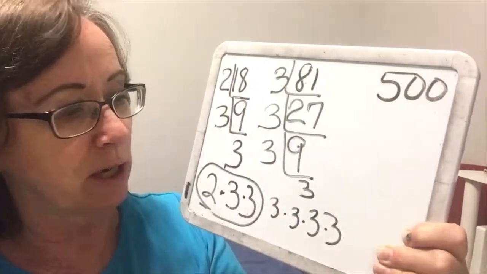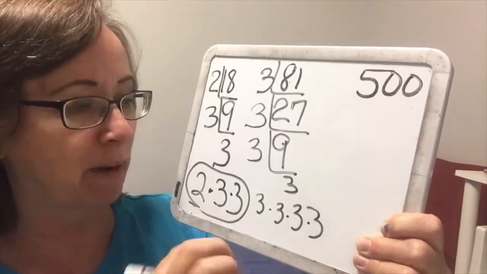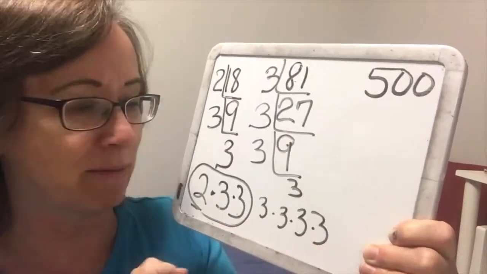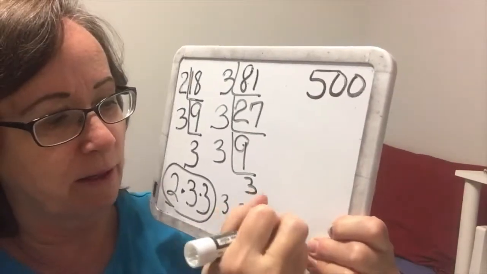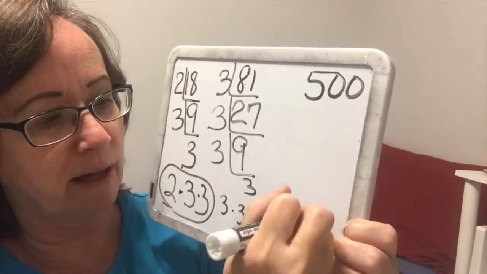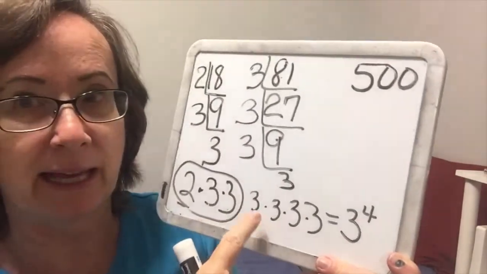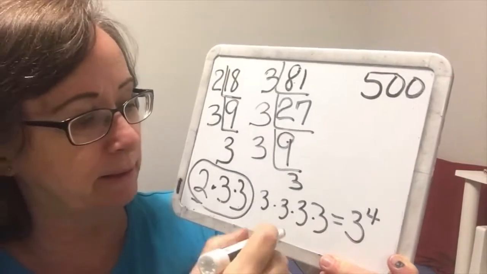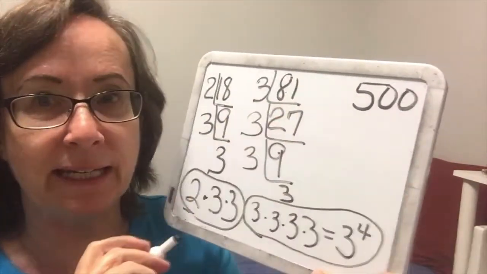That takes so much time and space and room. What is a shortcut for writing 3 times 3 times 3 times 3? I could write 3 to the 4th. So 3 to the 4th power means the same thing as 3 times 3 times 3 times 3. So those are the factors of 81.